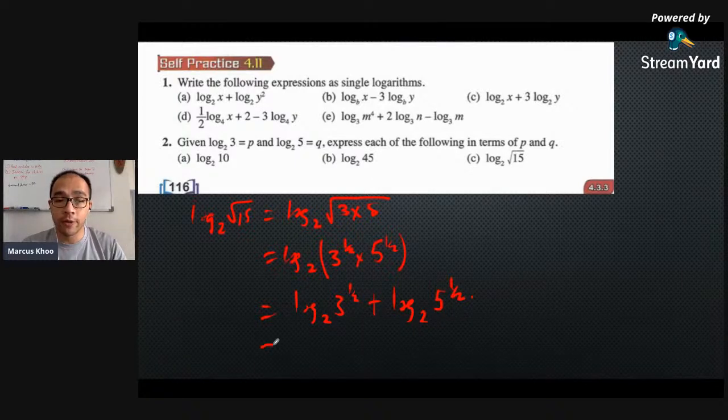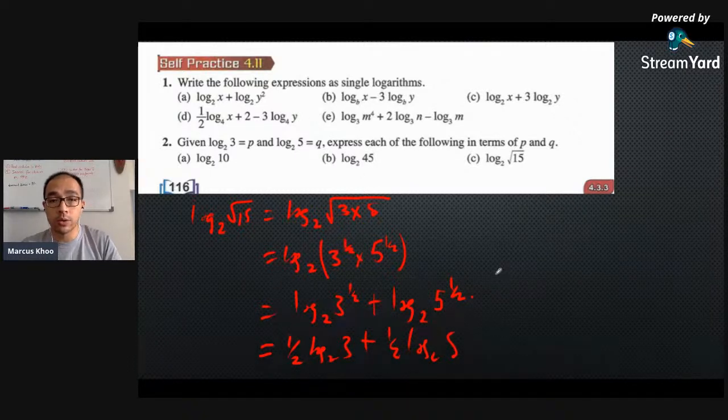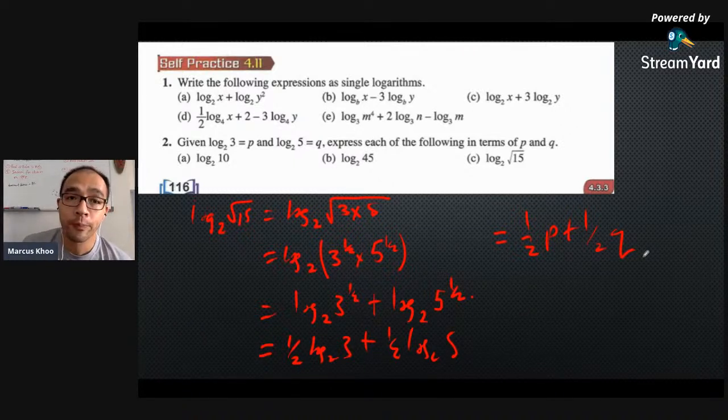Bring the square roots in front, bring the kuasa setengah semua ke depan. I'll get half log 2 3 plus half log 2 5. Log 2 3 is P, log 2 5 is Q. So my final answer will be half P plus half Q.